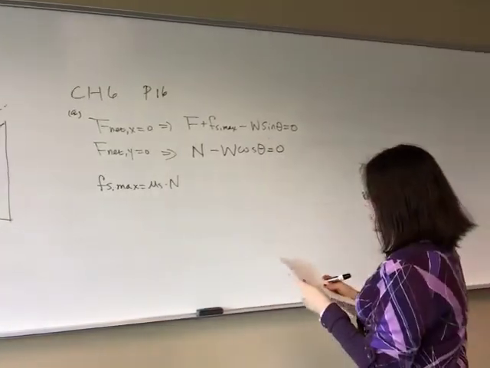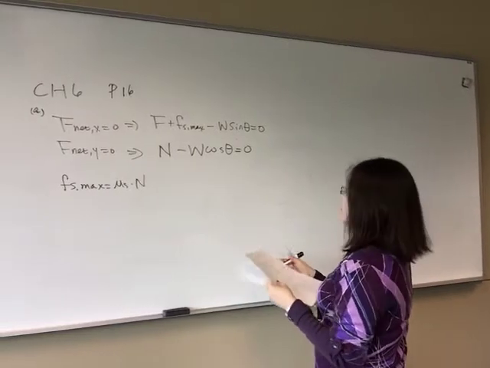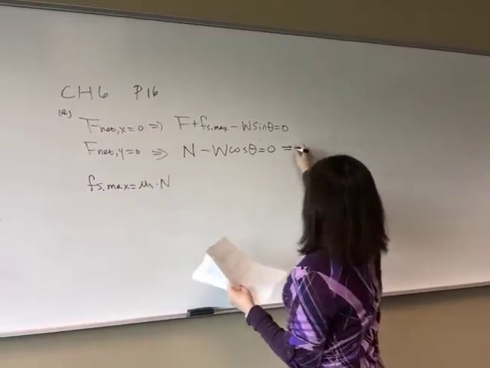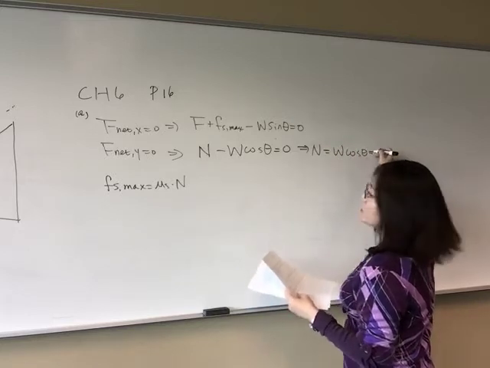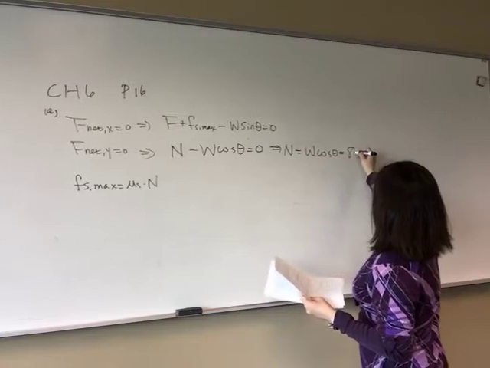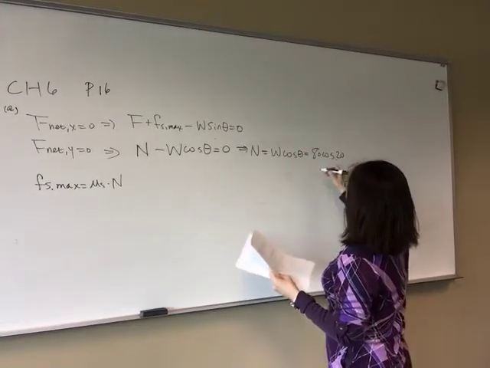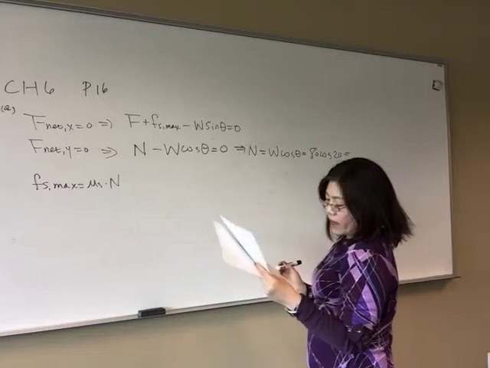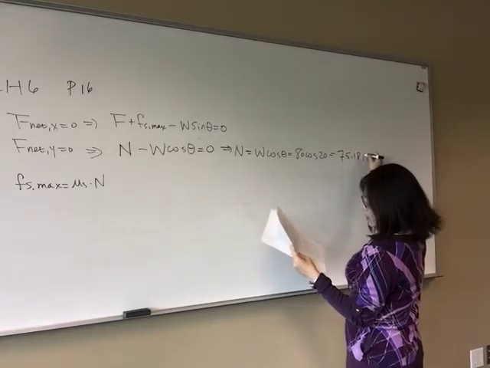Okay, so once you've done that, we know that the angle is given and the weight is given. So what is your normal force then? Your normal force is equal to W times cosine theta. So you'll have 80 times cosine of 20. So your normal force, you should get a value that is equal to 75.18 Newton.